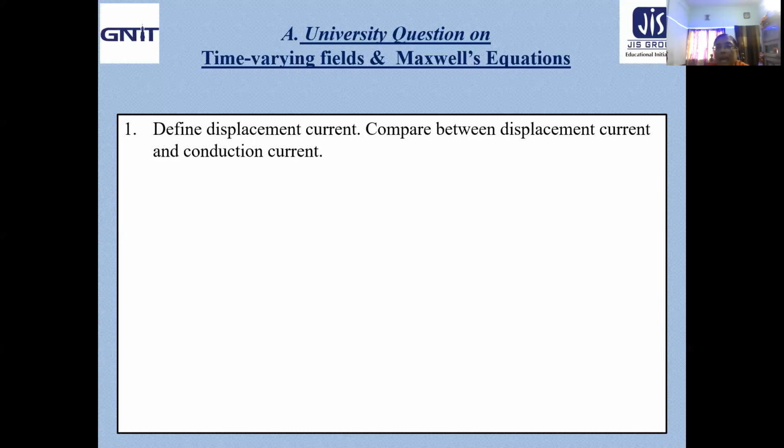And in the last problem class on time varying fields and Maxwell's equations, we found that displacement current is negligible inside a very good conductor at any frequency lower than the optical frequency. So these are the different comparison points you can mention between displacement and conduction current.